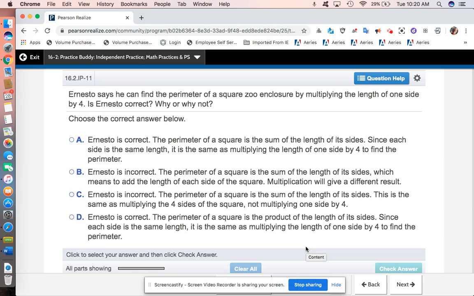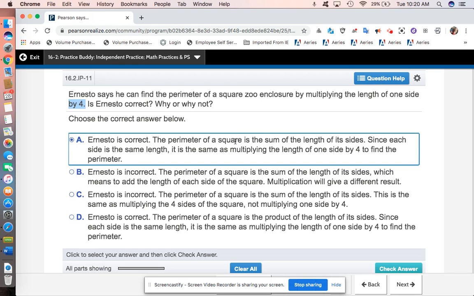Ernesto said he can find the perimeter of a square. Square is a key word there. Multiply one side by 4. Is he correct? Yes, he is correct. Okay, Ernesto is correct.